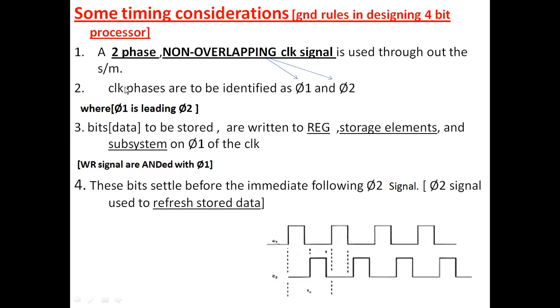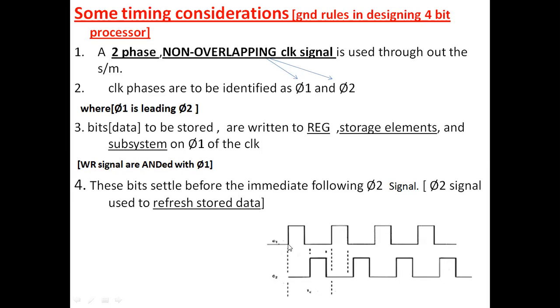These are two-phase non-overlapping clock signals, where phi1 always leads phi2. This means the phi1 clock always comes first, and after that phi2 is used in the system. The phi1 and phi2 clocks are as shown here, where the two are exactly opposite.